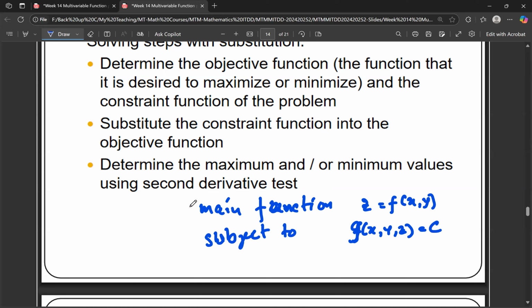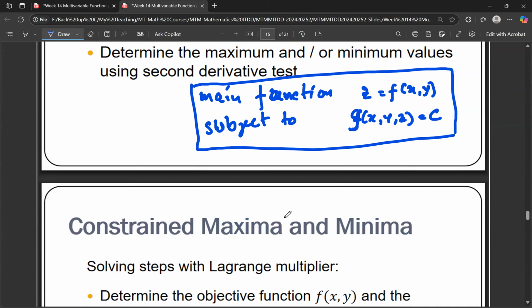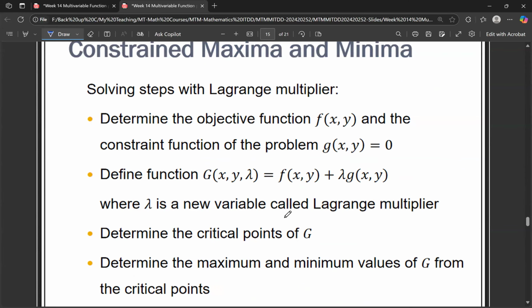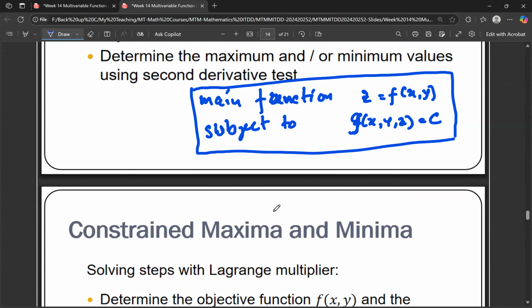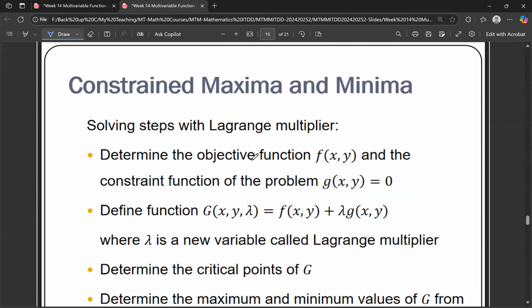So this is the construction of the problem in constrained maximum or minimum. Okay, sorry, maybe this is only two variables. This is the constrained maximum or minimum.